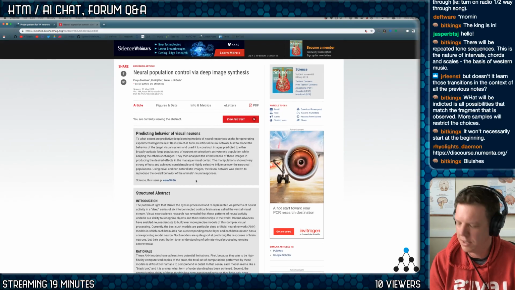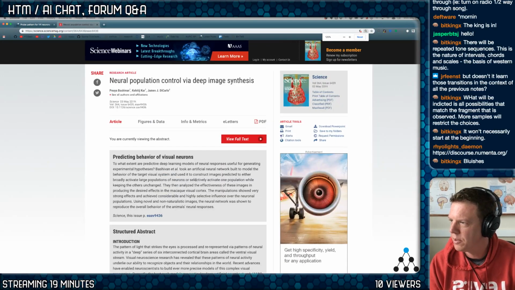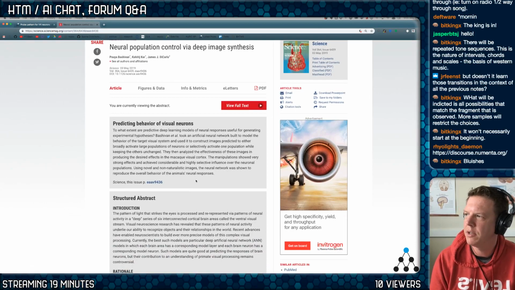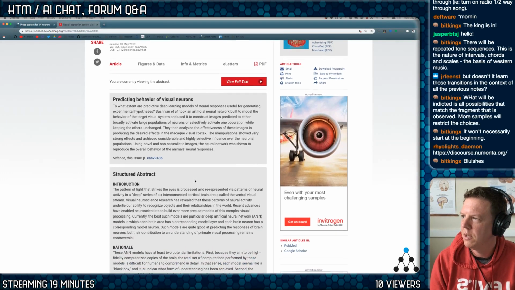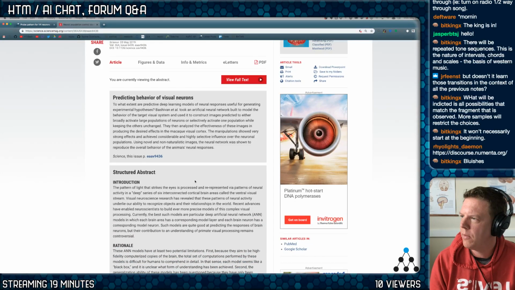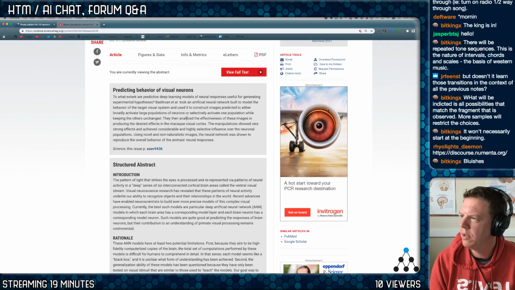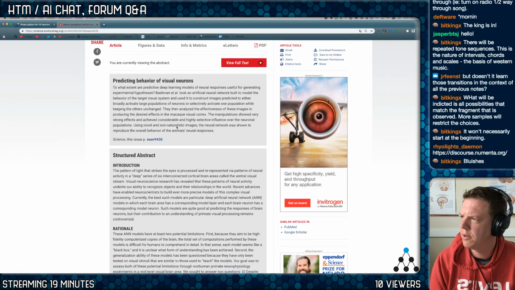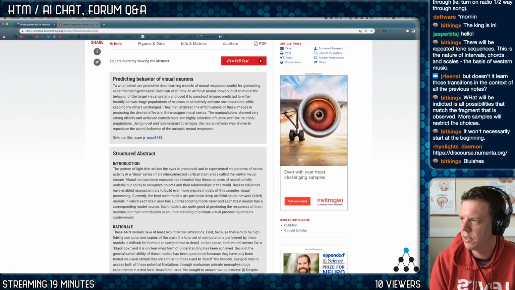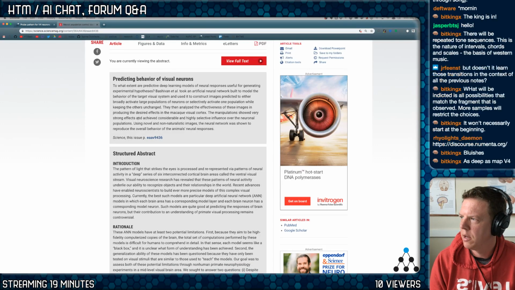To what extent are predictive deep learning models of neural responses useful for generating experimental hypotheses? Okay. And they analyze the effectiveness of these images in producing the desired effect in a macaque visual cortex. So it's all visuals. Oh, okay, so hierarchy.